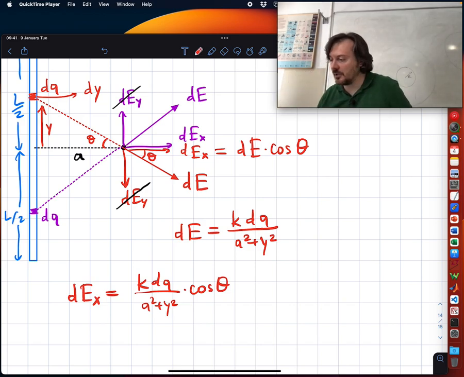We have a lot of trouble here because we have q, which is variable, theta, which is variable, y, which is variable as well. So nothing comes out from the integral. Everything needs to be defined in the same terms, okay? And you only know what to do here by experience.